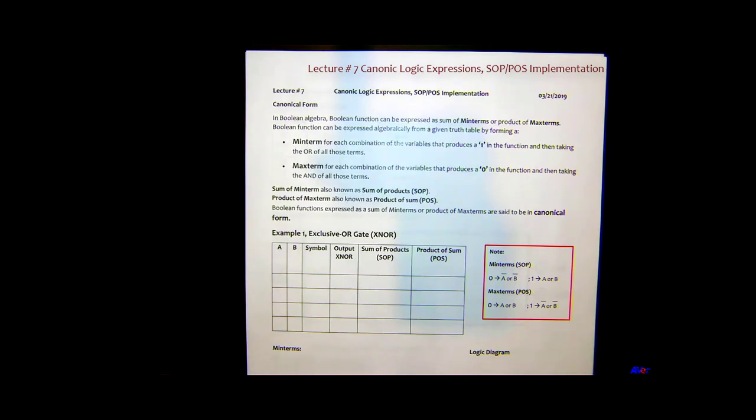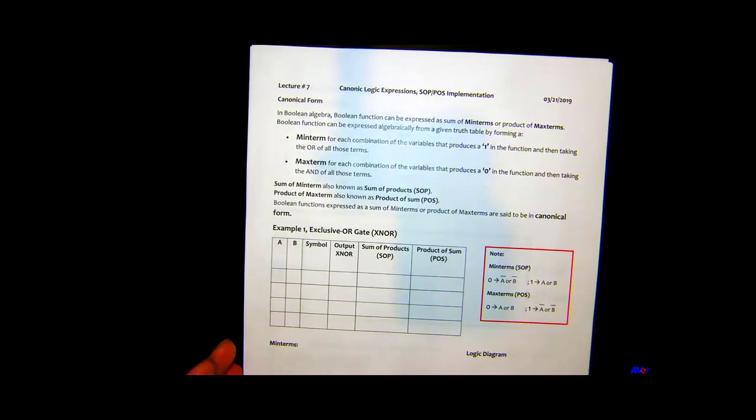Okay, here's a little theory about canonical form. In Boolean algebra, a Boolean function can be expressed as a sum of minterms or a product of maxterms. A Boolean function can be expressed algebraically from a given truth table by forming a minterm for each combination of the variables that produces 1 in the output in the truth table, and then taking the OR of all those terms.